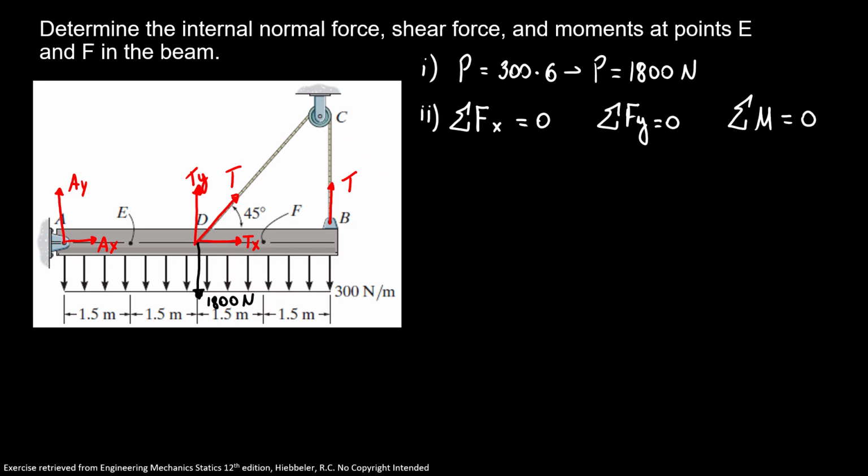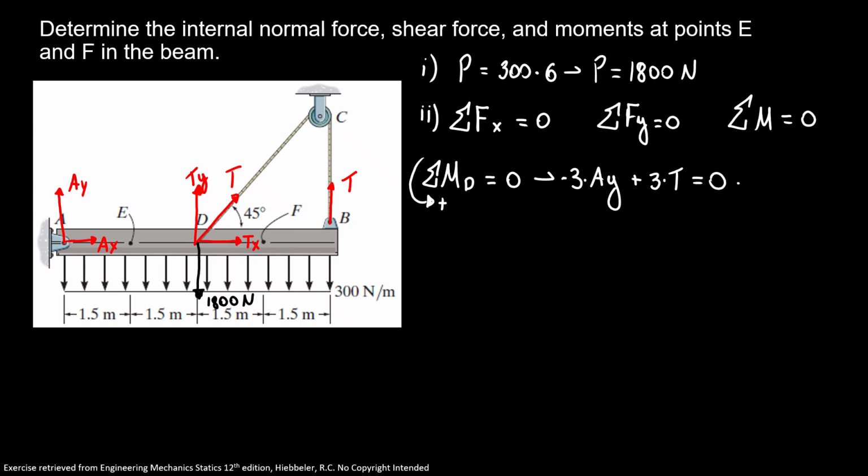Here we start with the sum of moments around point D. Remember that counterclockwise is positive, and here we have 3 times our AY going clockwise, so it's minus, plus 3 times our tension is equal to 0.